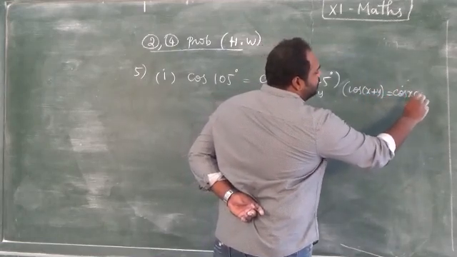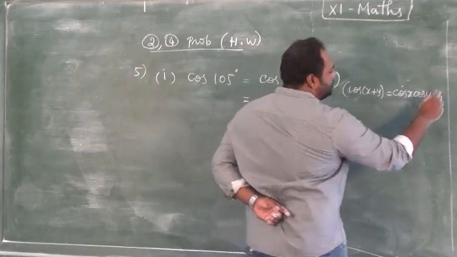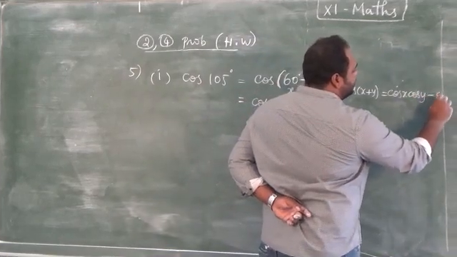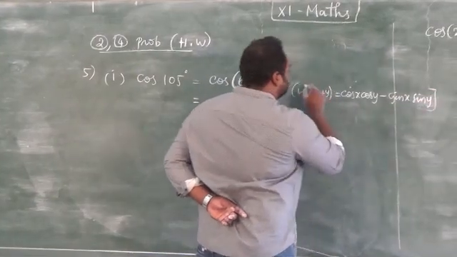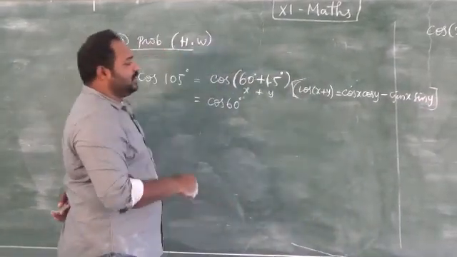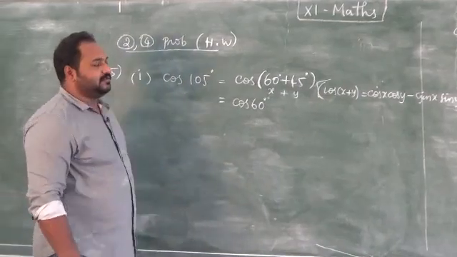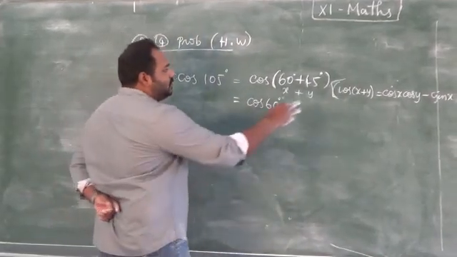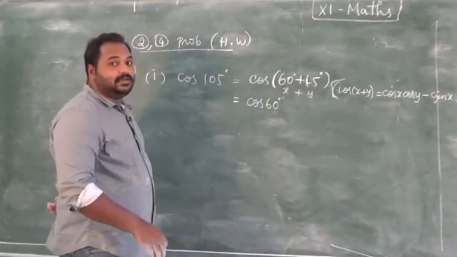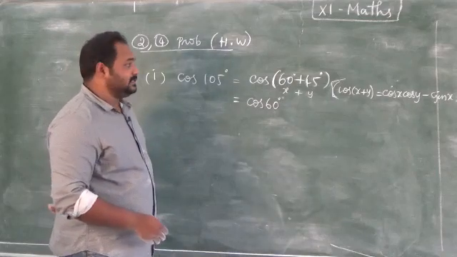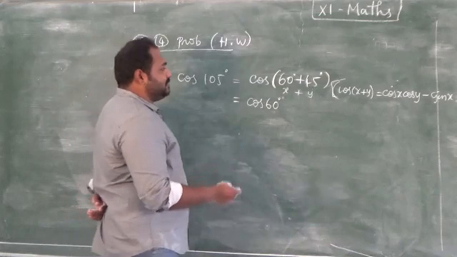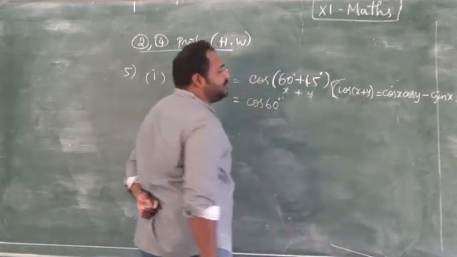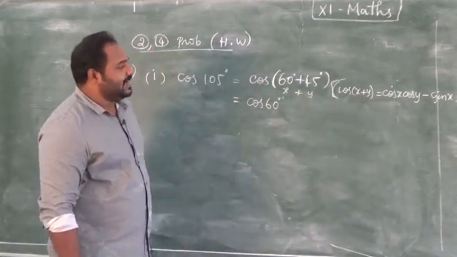Cos x cos y minus sin x sin y. You just write this formula near the right hand side of your note for your reference. It is better to write all the formulas in every problem, because it will help you to remember them when you are studying for the examination.